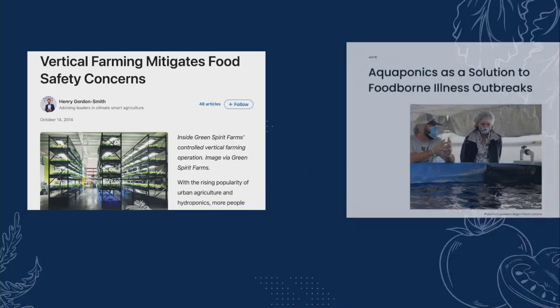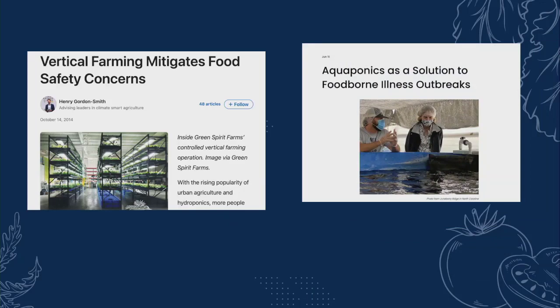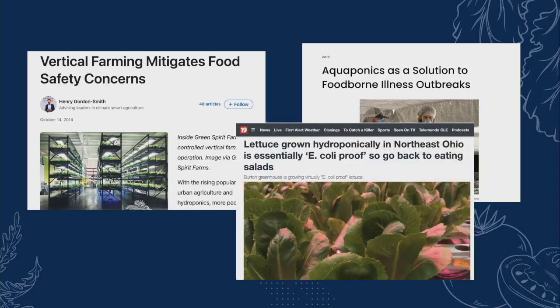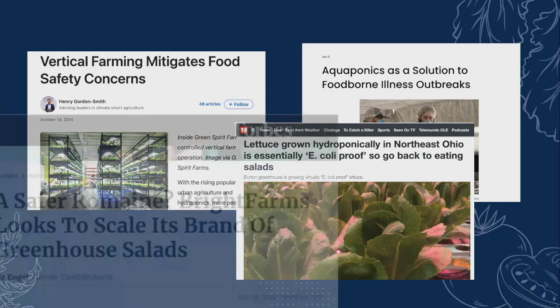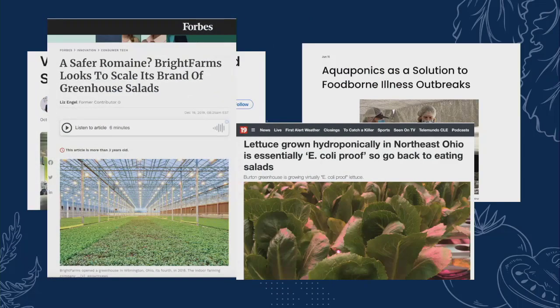There was a lot of news coming out about whether those systems were safe, because there were a lot of outbreaks and recalls in lettuce, especially lettuce grown outside. You probably saw some of those news stories saying that vertical farms could be the answer to food safety concerns, and that lettuce grown hydroponically could be E. coli proof or salmonella proof. So there is a lot of news out there.